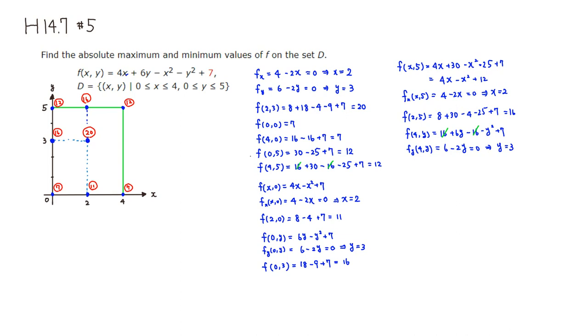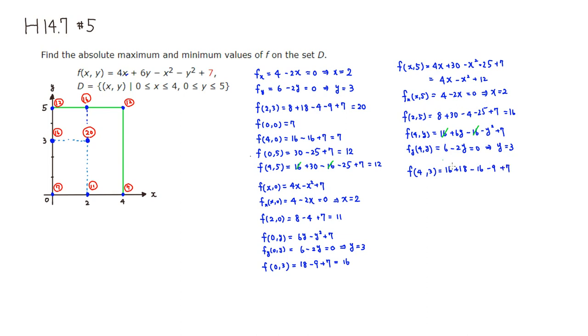So we're going to compute the value, where y is 3 and x is 4. So x is 4, 4 times 4 is 16, and 6 times y, which is 3, is 18. And a minus x squared would be 16, and y squared would be 9, and then plus 7.